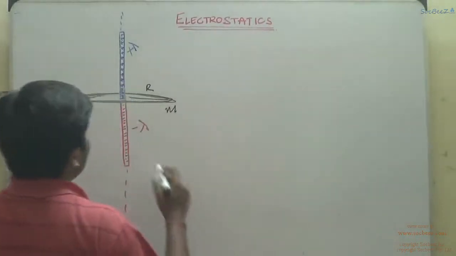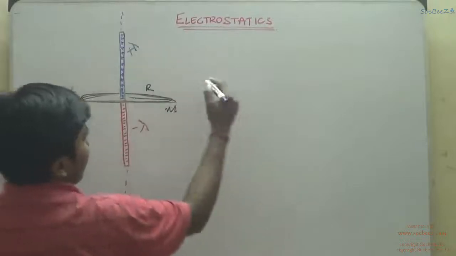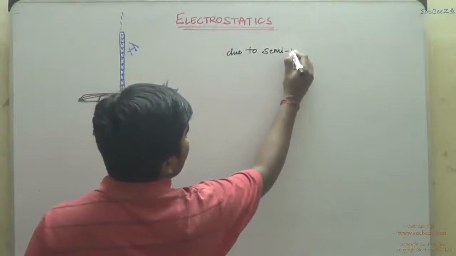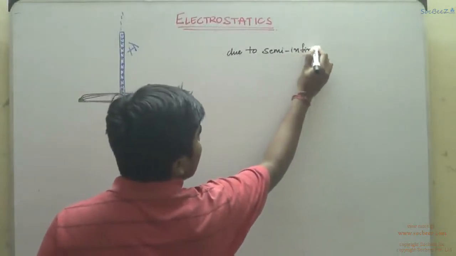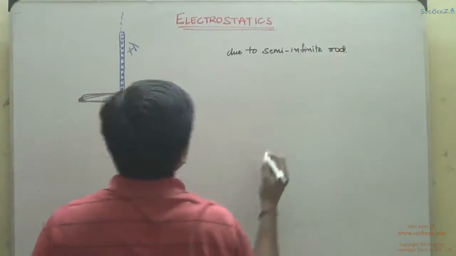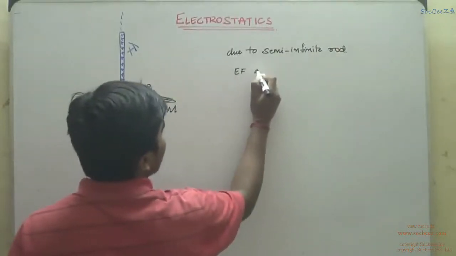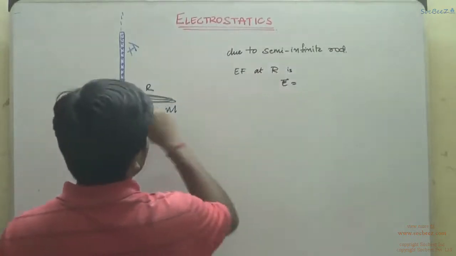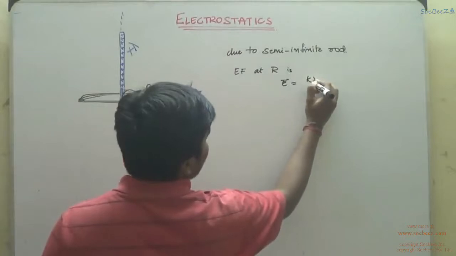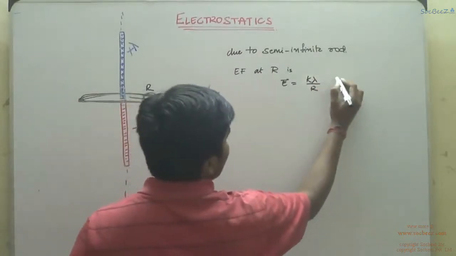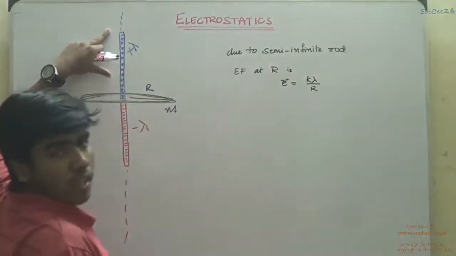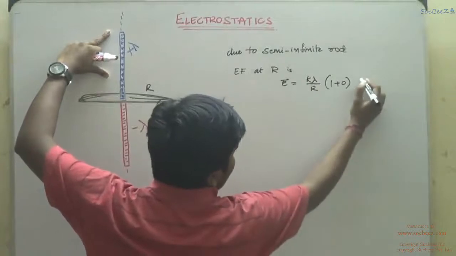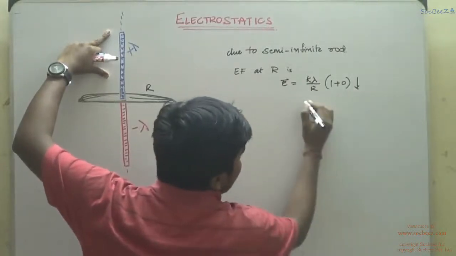How do we do that? We know that due to the semi-infinite rod, the electric field at R is K lambda by R, due to this positive charge, where one angle is 0 and one angle is 90 degrees, and this direction is downwards.